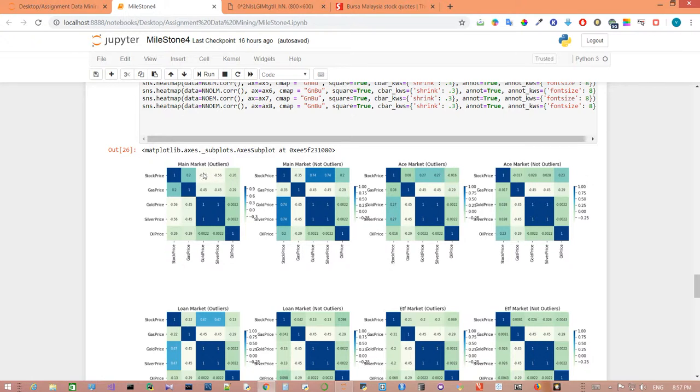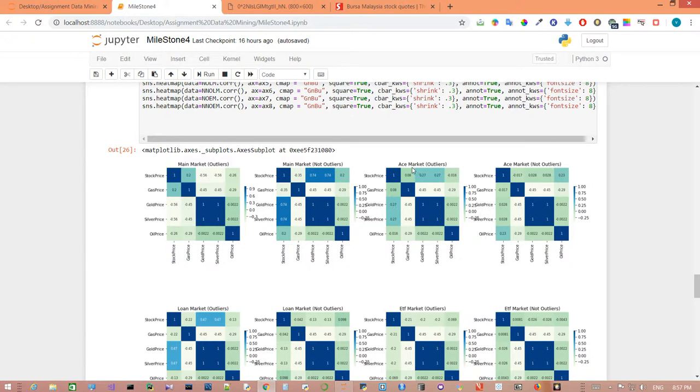And as it goes to stock price and gold price in main market outliers, we have a negative relationship between the stock price and gold price and silver price. But here in not outliers, we have a positive and strong relationship between these markets. It seems interesting actually.